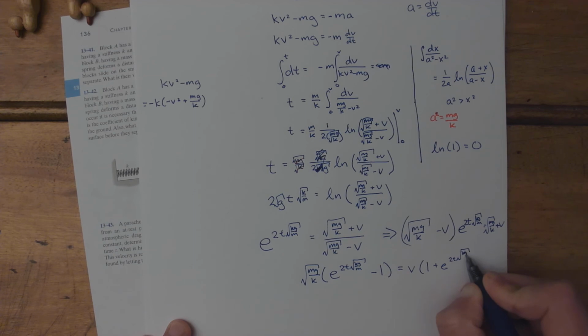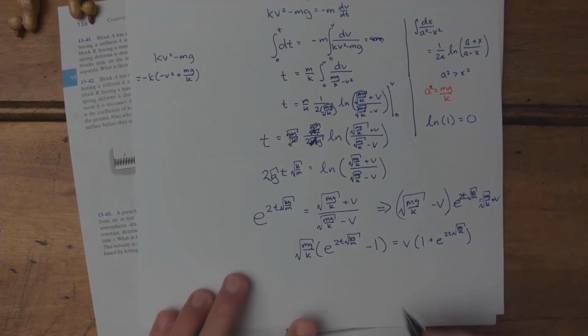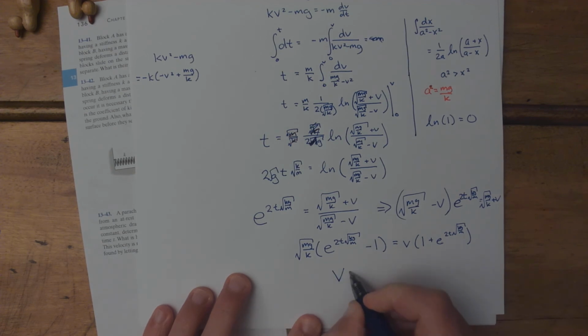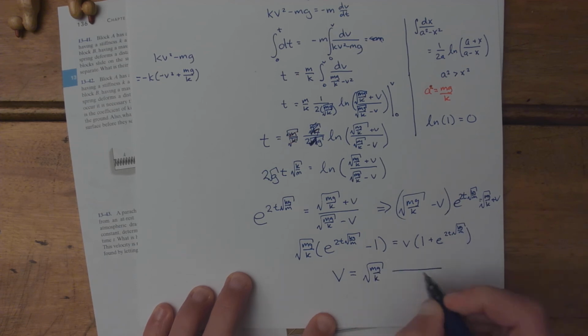You get to fill in the missing details on your own. Okay, and finally, not finally, almost finally, the square root of mg over k.